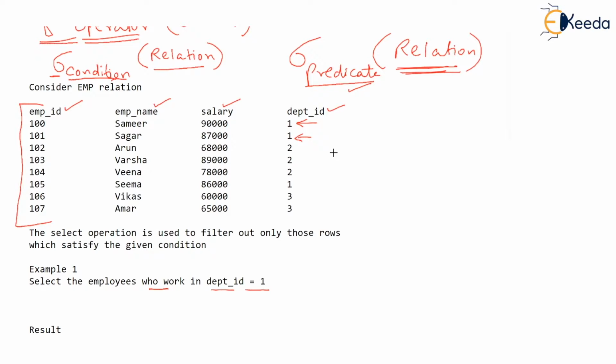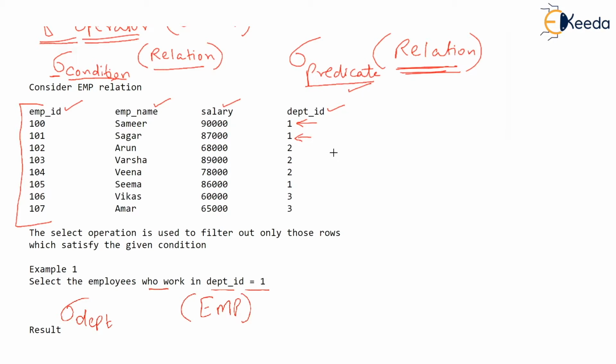So the select operation will be: select from the EMP relation only those employees where DEPT_ID, this particular attribute, has value 1.